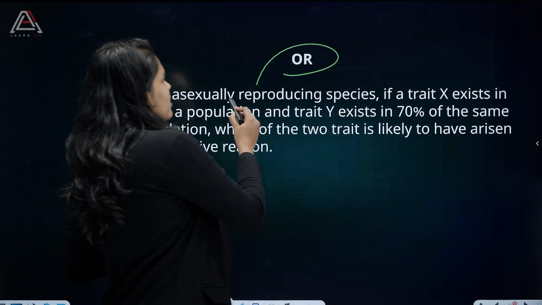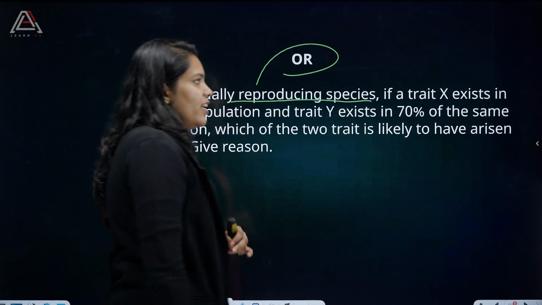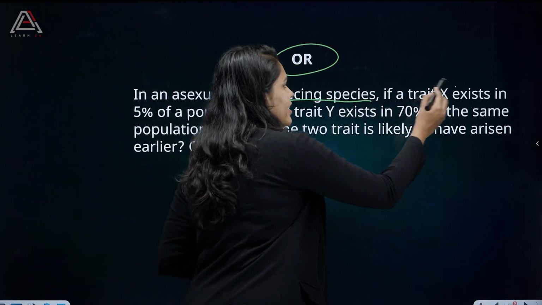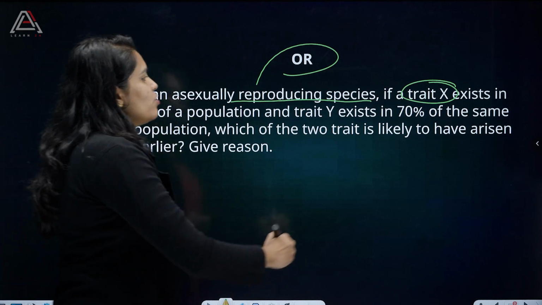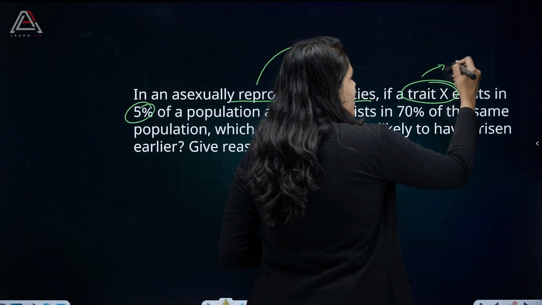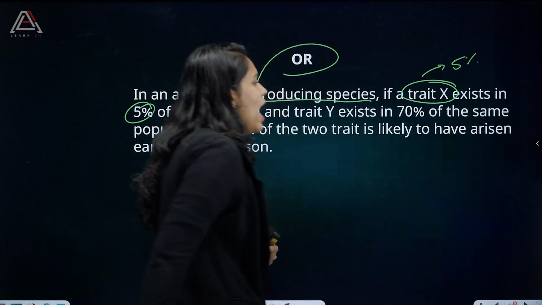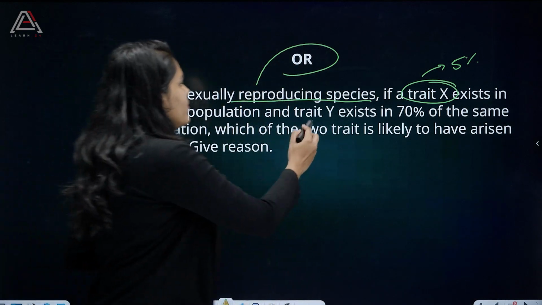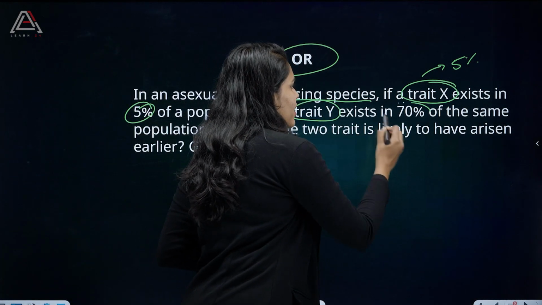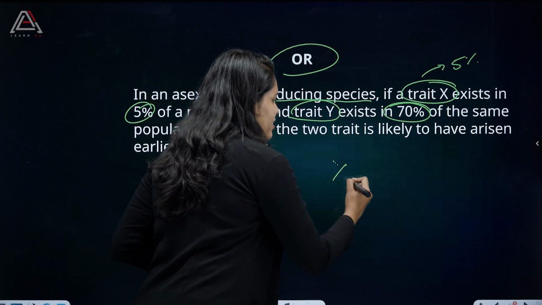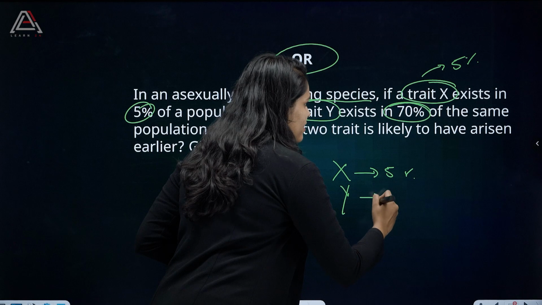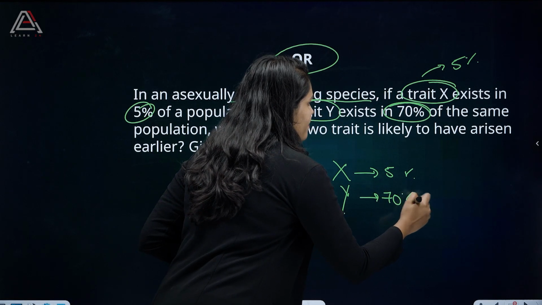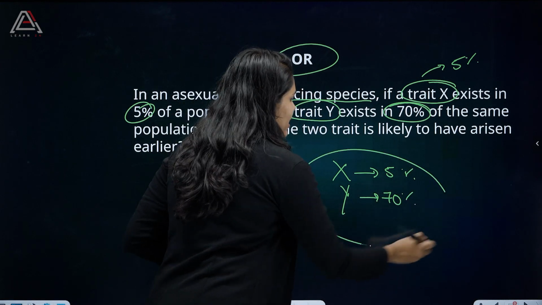In an asexually reproducing species, there is a trait X which exists in 5% and a trait Y which exists in 70% of a population.